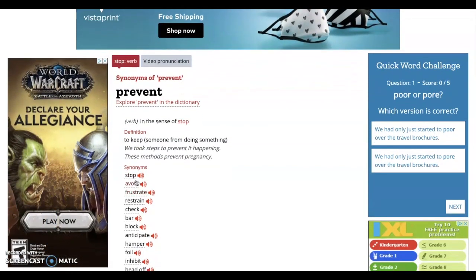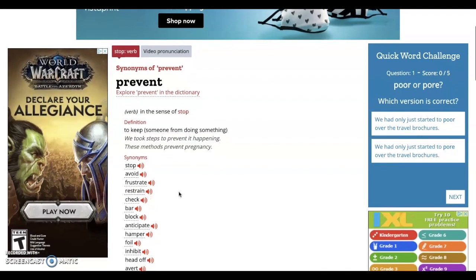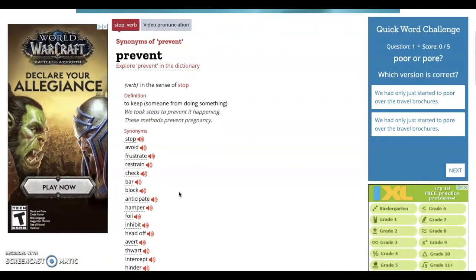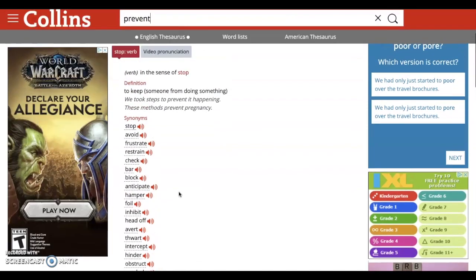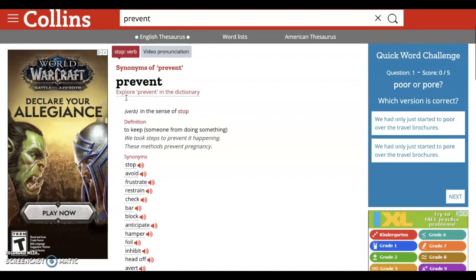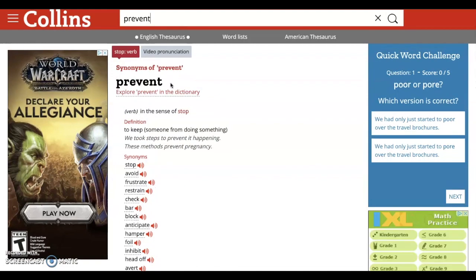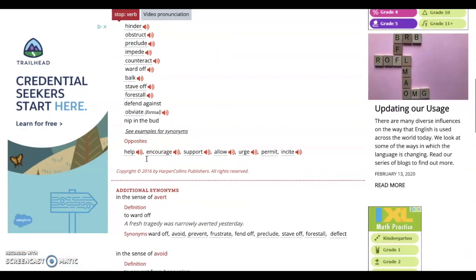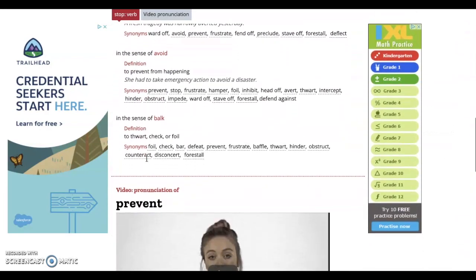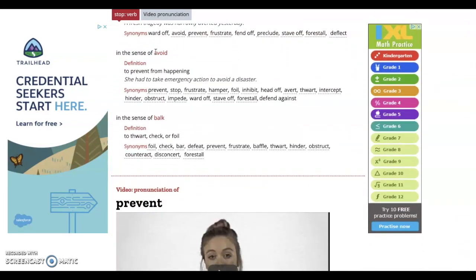So we have stop, avoid, frustrate, restrain, etc. What's also great is that you can have these synonyms categorized based on the meaning sense. So for example, if you're looking at the verb prevent in the meaning of to keep someone from doing something, these are the synonyms. But if you're looking at this word in the sense of avoid, then these are the synonyms that you should use.